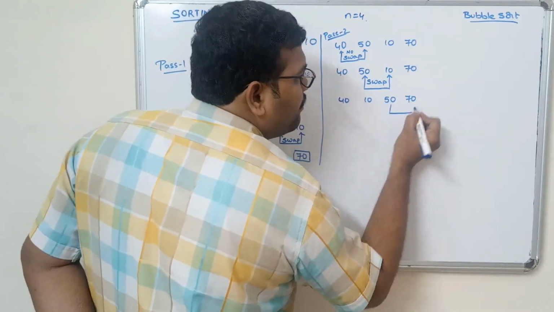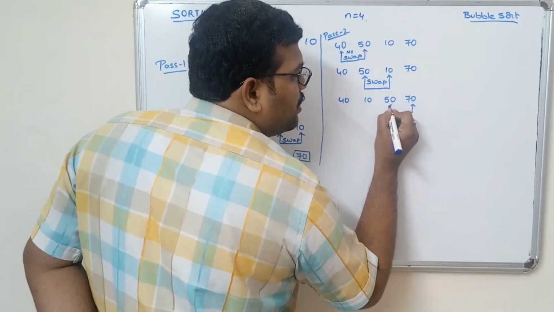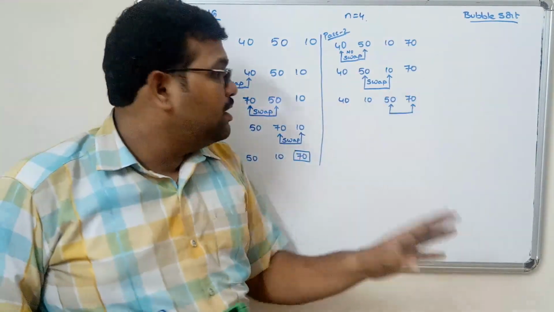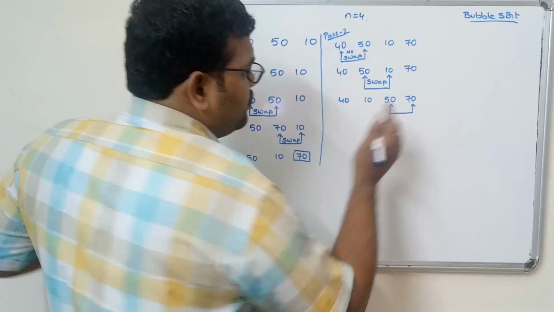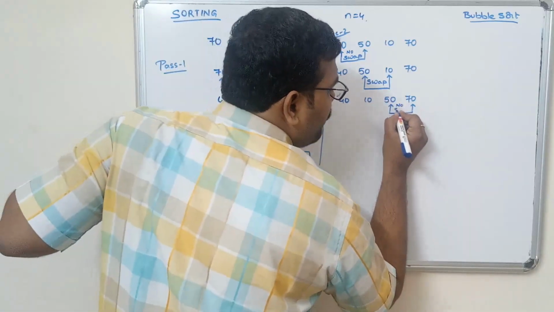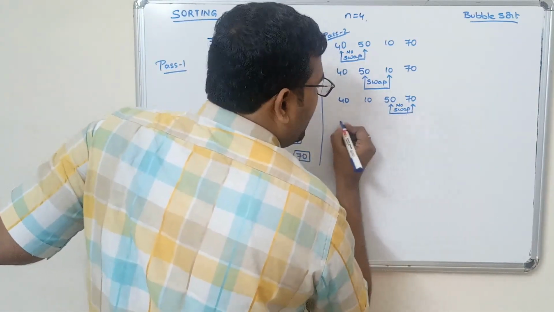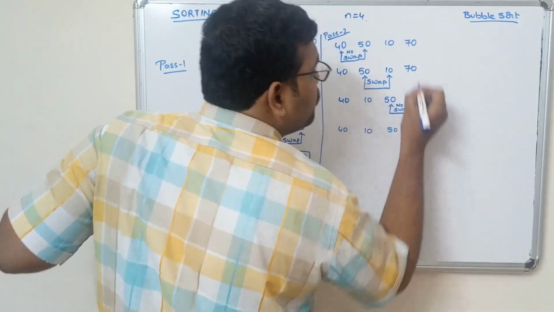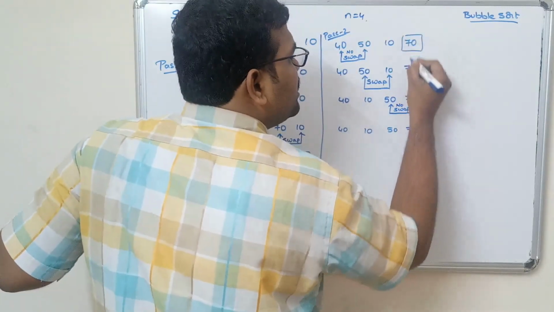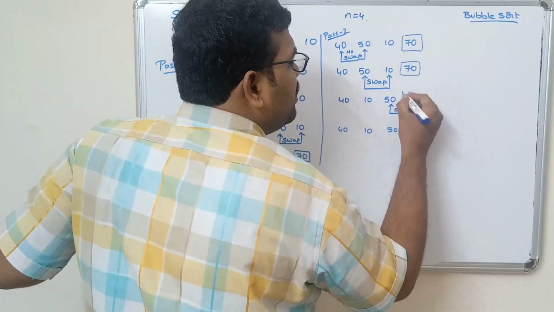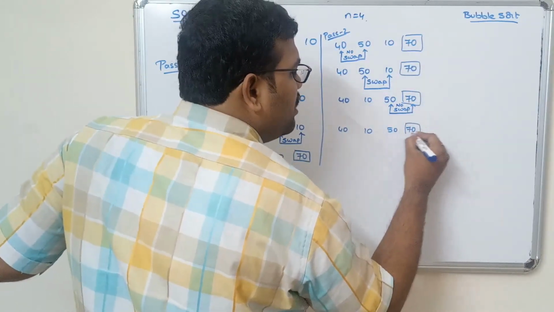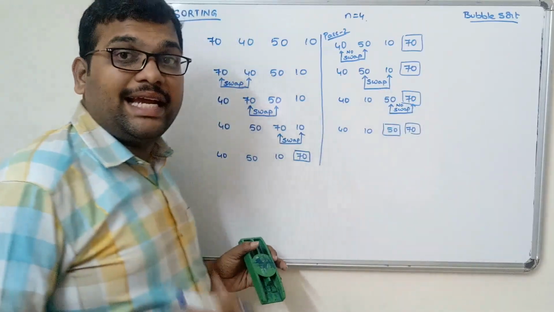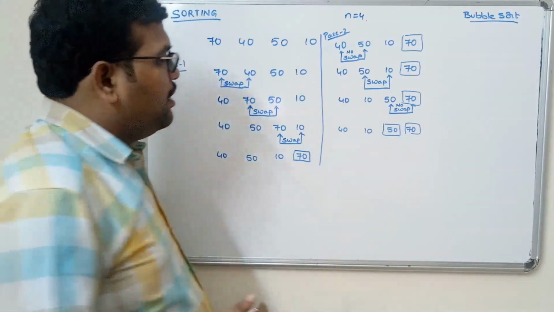Next, the third element with the fourth element: 50 is less than 70, so no swap. The resultant will be 40, 10, 50 and 70. Here the last position holds the largest element and it is fixed, and now in the second pass the third position is also fixed. The second largest is fixed.